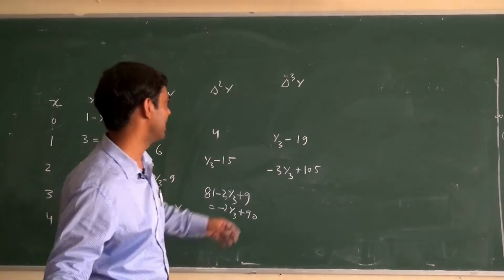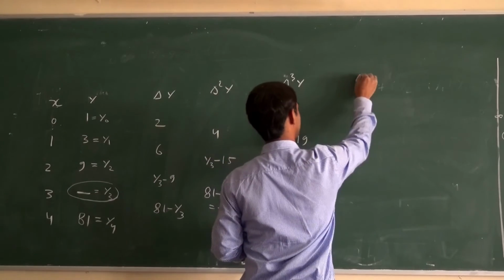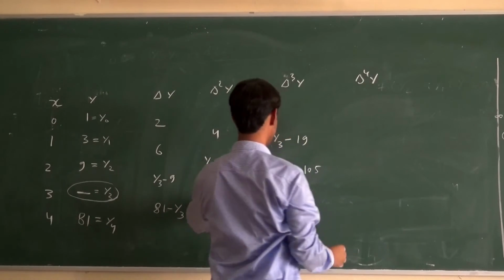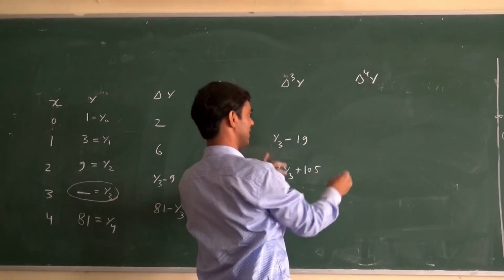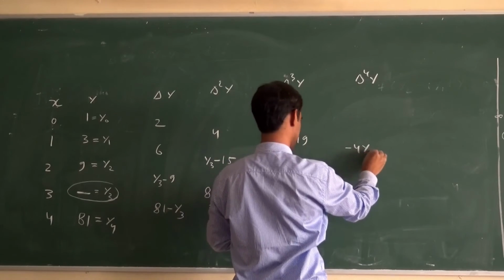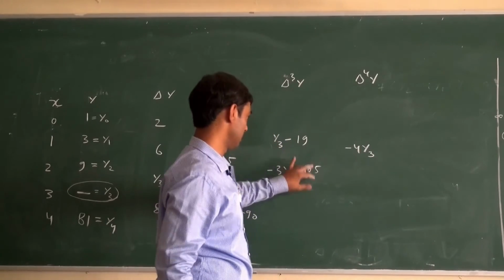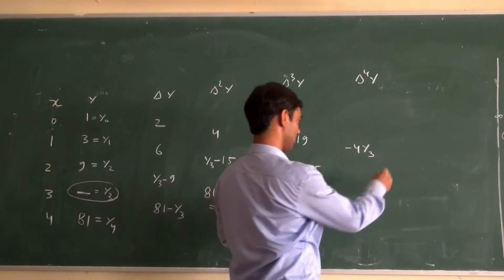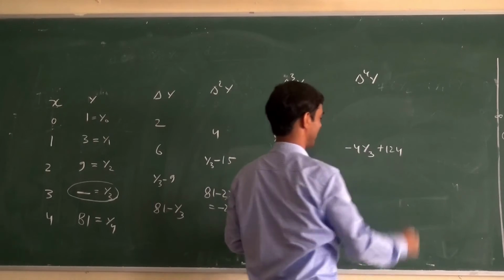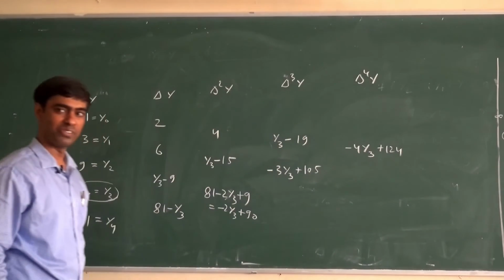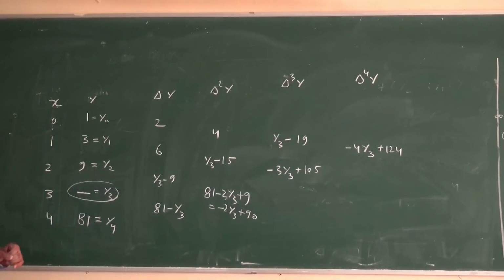Now, what is the difference of this? Del 4y is minus 3y3 minus y3, which is minus 4y3, plus 124. So what do we conclude here? How many known values? 1, 2, 3, 4.